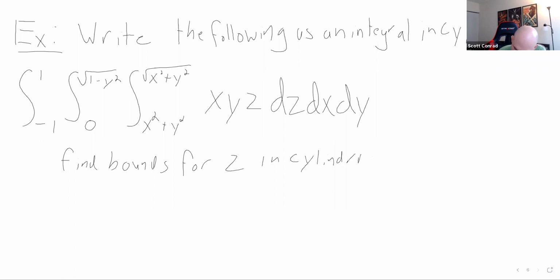In cylindrical, you can just directly take the x squared plus y squared, change it to cylindrical, and the square root of x squared plus y squared, change it to cylindrical. And then you've got the bounds for z. Boom, you're done. You don't need to do anything else there. Then you want to focus on what's going on in x and y. That's projecting it down to the xy plane, and then finding bounds for r and theta.